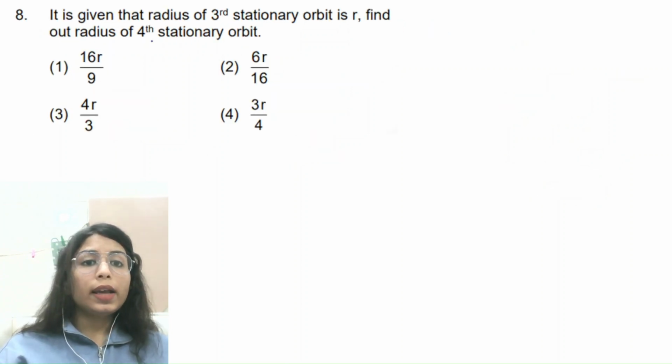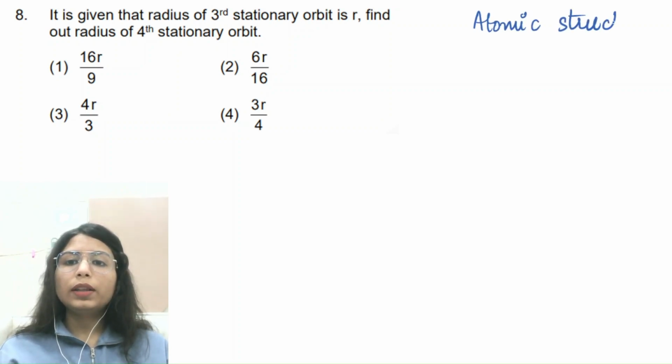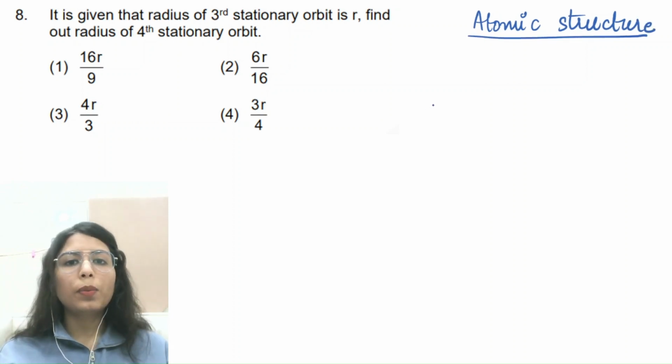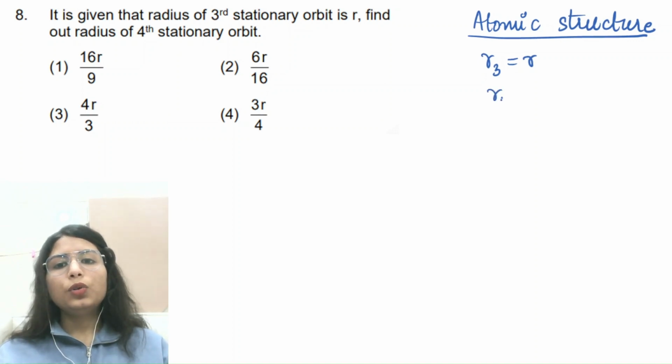Our next question belongs to the chapter atomic structure, and here the formulas that you usually use very thoroughly, that is the radius formula and the velocity formula, belong to this chapter. It is given that the radius of the third stationary orbit is r, so r3 is given to be r, and it is asking you to find the value of R4.